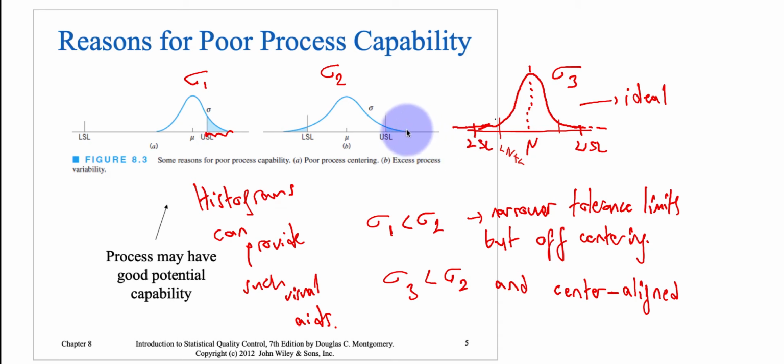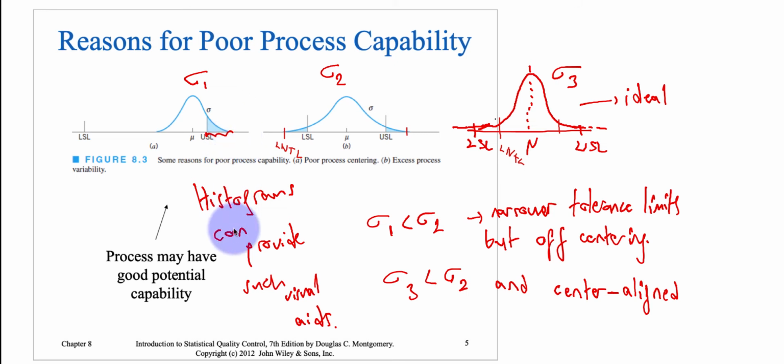But when the process quality is poor, the natural tolerance limits will be outside of the specification limits, and this will cause a loss of non-conforming products. Here, maybe the lower natural tolerance limit is in the specification range, but the upper natural tolerance limit exceeds the specifications. That's why this is an example of poor process capability.